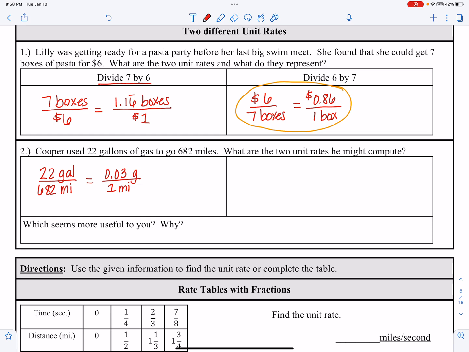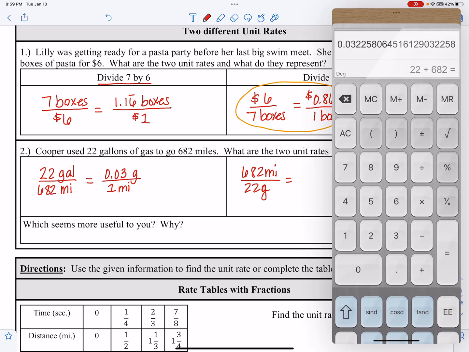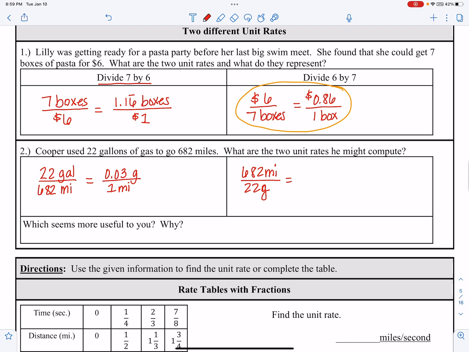Let's go ahead and switch to the next order for the ratio and do 682 miles on top and the 22 gallons on the bottom. We'll create that unit rate by doing 682 divided by 22, and we get 31 miles per gallon. So just think about that. What do you normally hear in life?